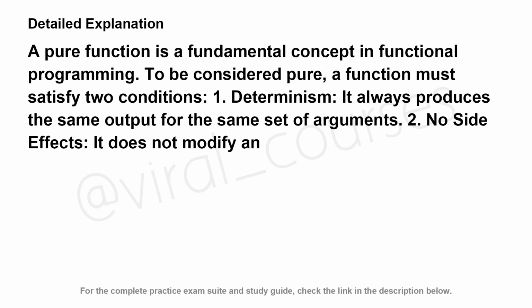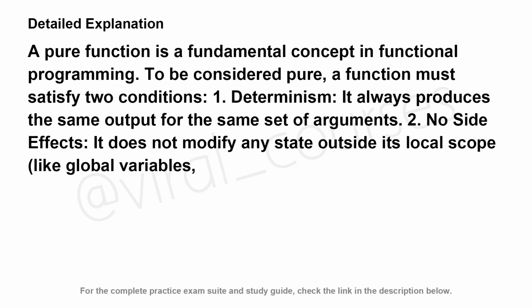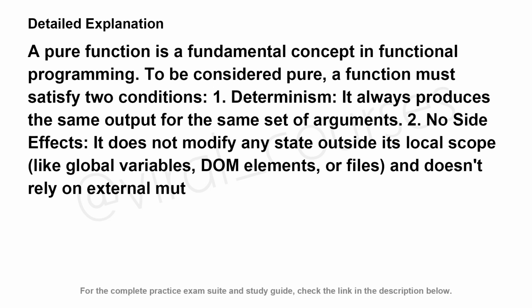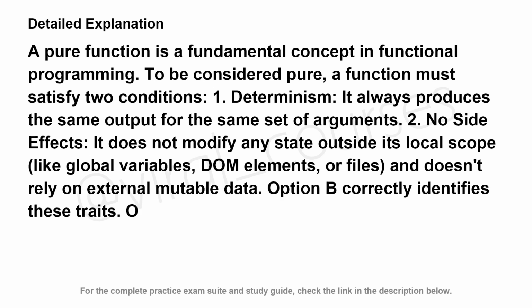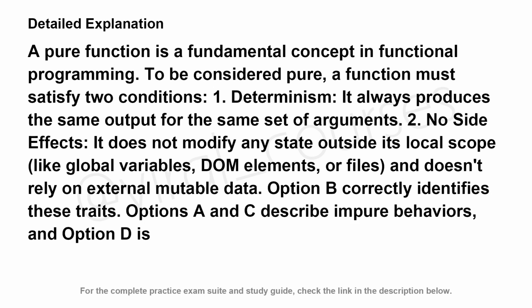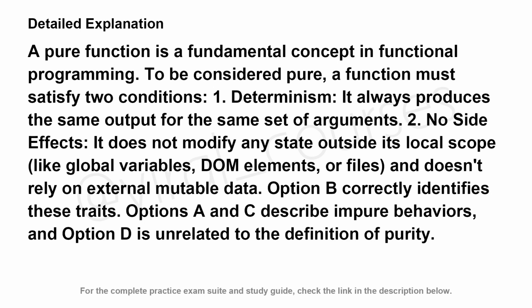It does not modify any state outside its local scope, like global variables, DOM elements, or files, and doesn't rely on external mutable data. Option B correctly identifies these traits. Options A and C describe impure behaviors, and option D is unrelated to the definition of purity.